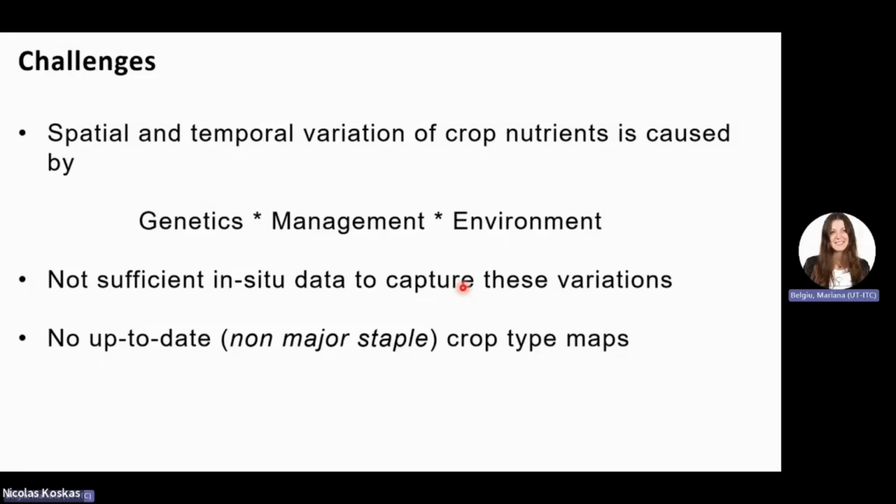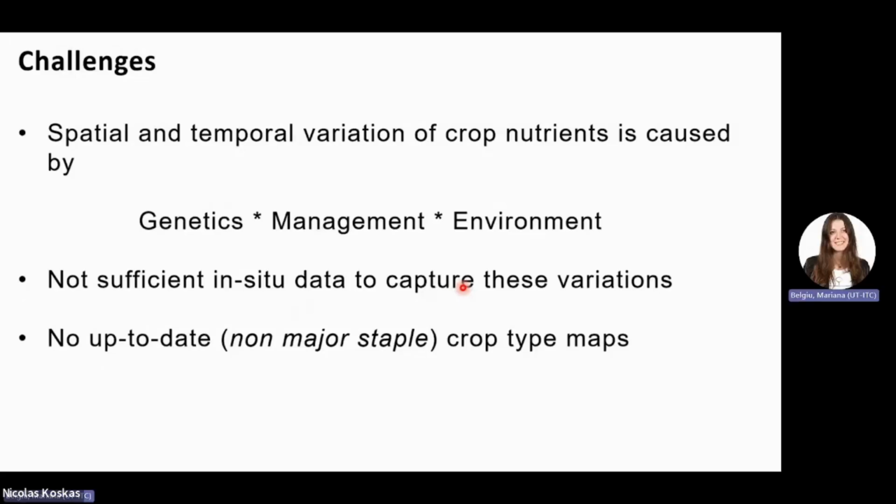These challenges are caused by the fact that the nutrient concentration in the crops varies spatially and temporally because of three main factors, and these are genetics, management, and the environment. And unfortunately, we do not have sufficient in situ data to capture these variations.